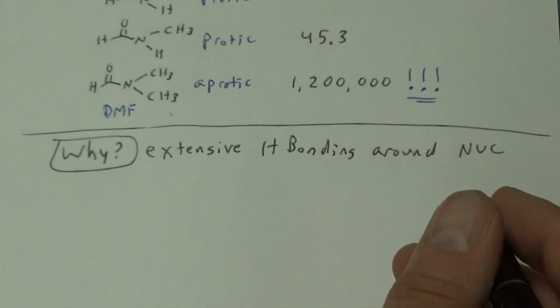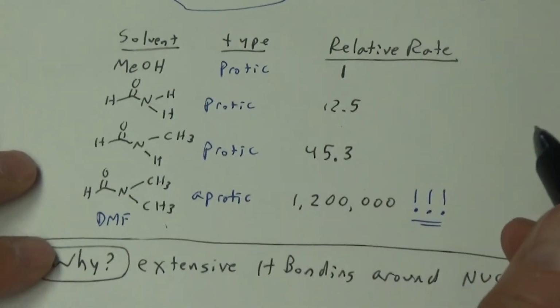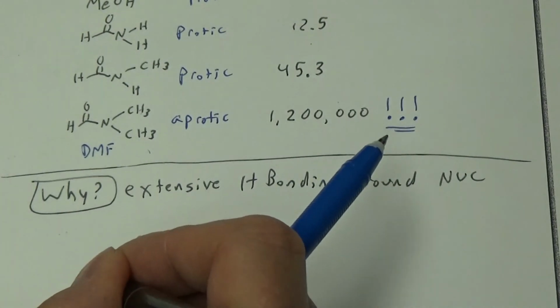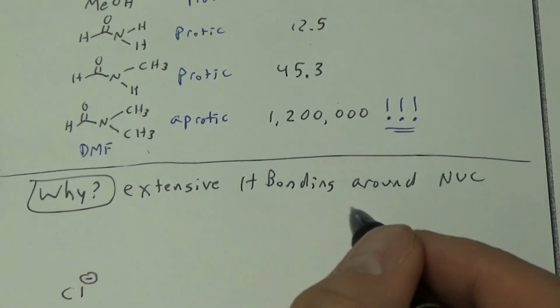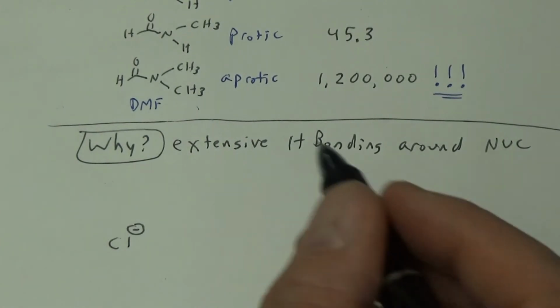So what's our nucleophile up top? It's chloride, right? Cl minus. All right, so let's just imagine the protic case, the slow one. There's a nice chloride. It wants to go attack and be a nucleophile.